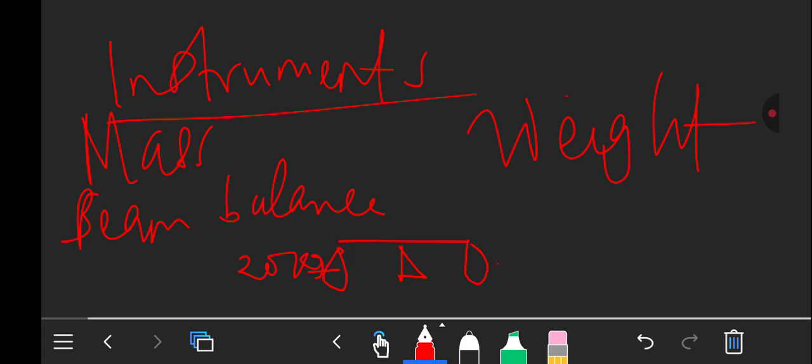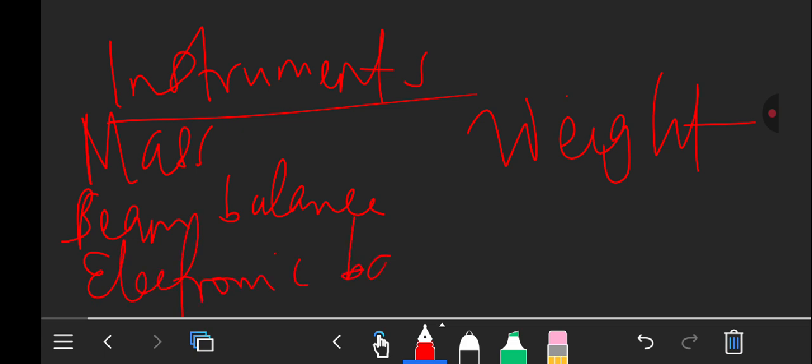So this is how a beam balance looks. Other than a beam balance, you can use what is known as an electronic balance. Okay, you can even use an electronic balance.